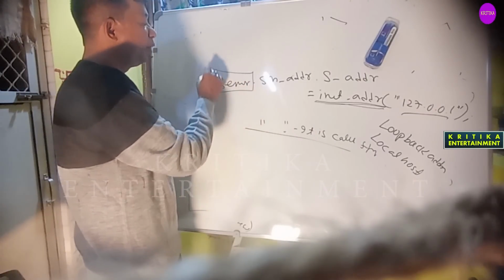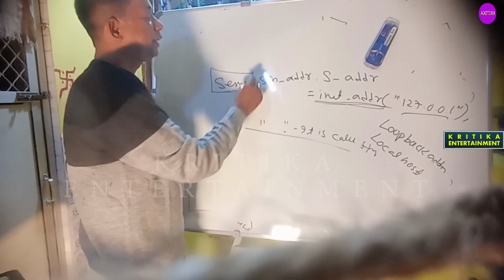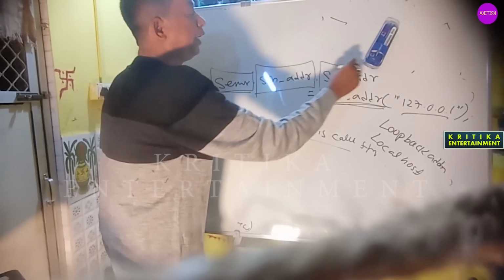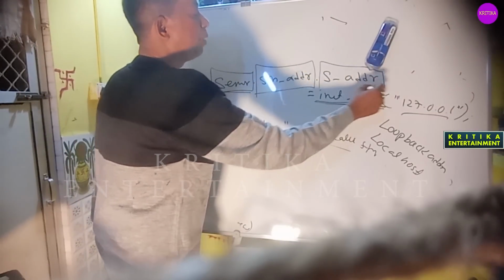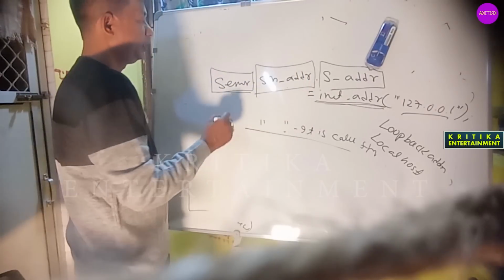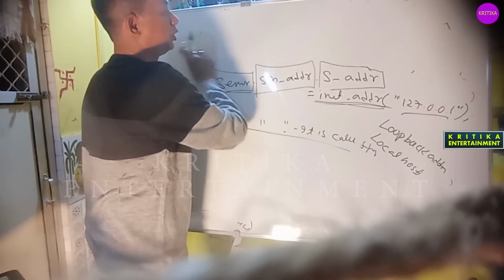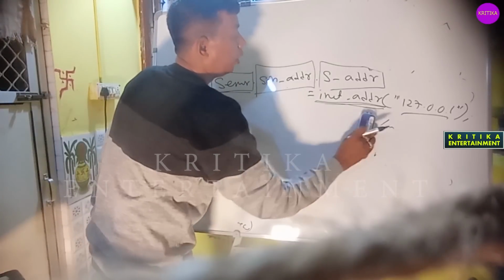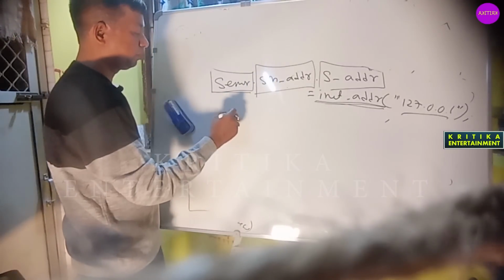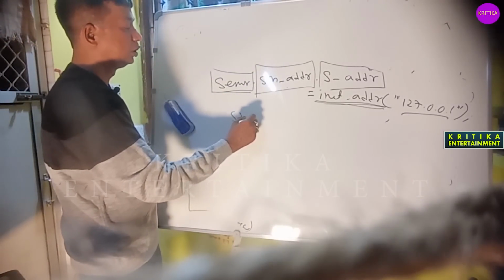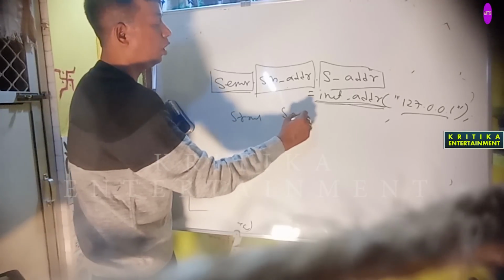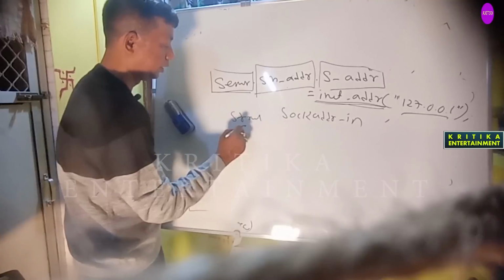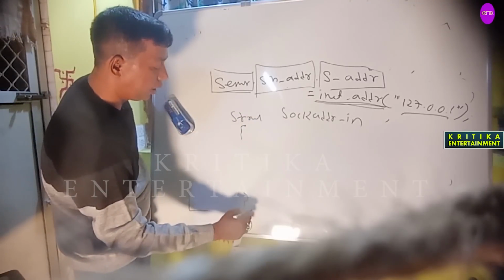Server is the structure variable, and inside it is a nested structure variable, and this is a data member of the structure. Suppose I make it simple to understand what is written here: struct sockaddr_in, this is called the outer structure.